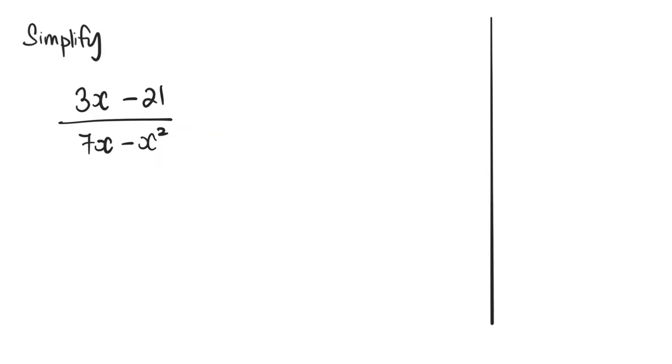Hello everyone, welcome to this video where we are required to simplify this following term, and I do see something. If we could factorize, factorize. So the key word here now is factorize.